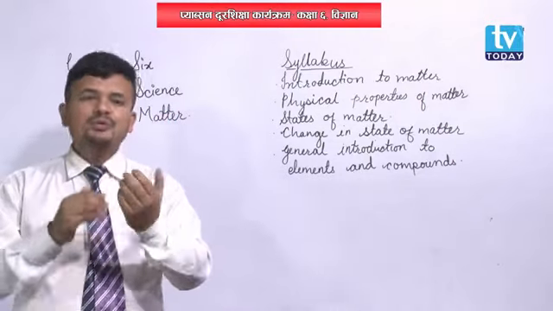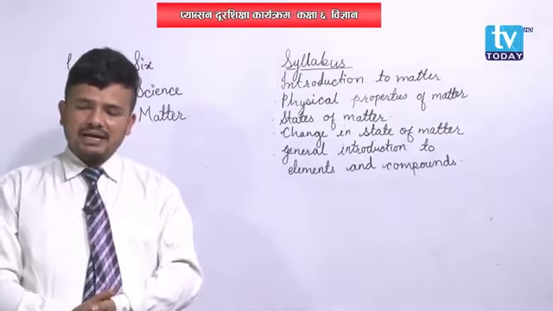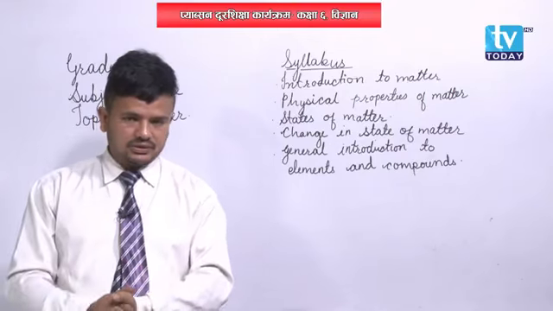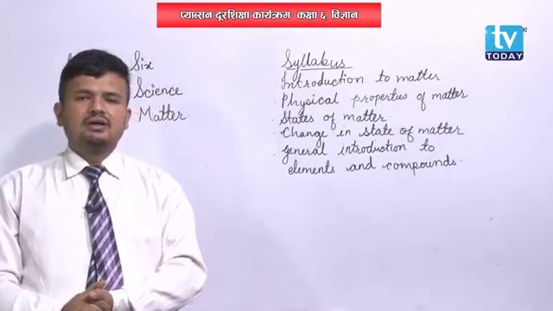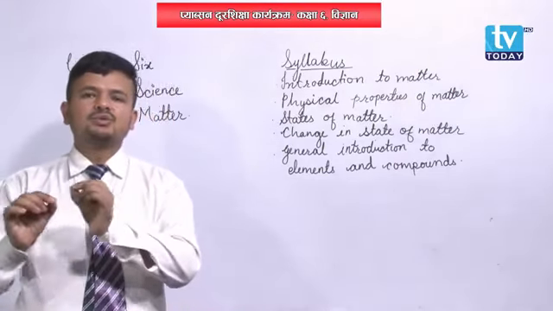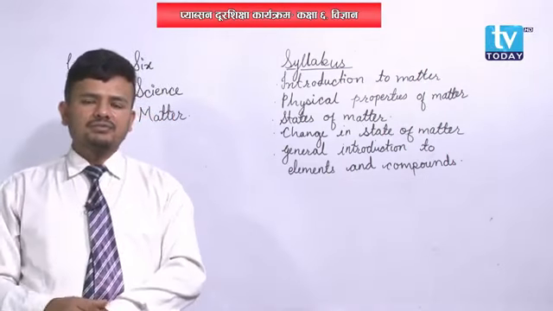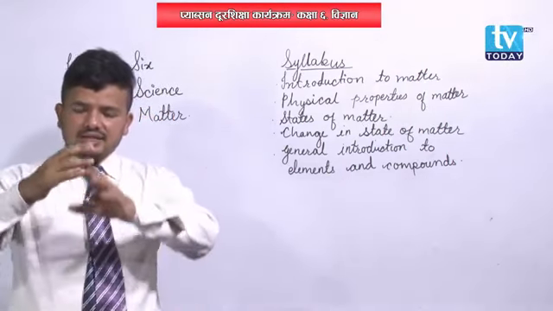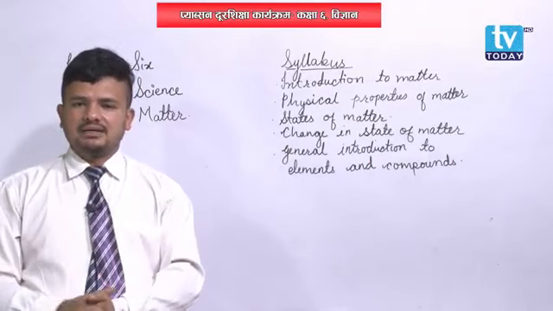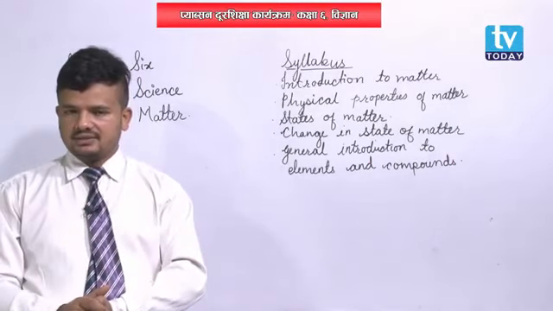Compounds are also pure substances made by the same type of molecules. One example is water, H2O. If you take a glass of water, there are many H2O molecules inside.